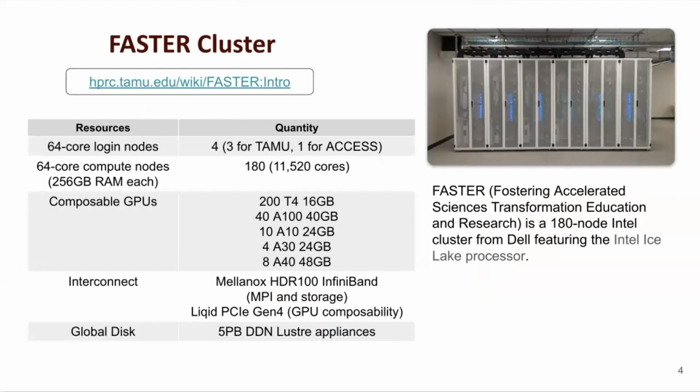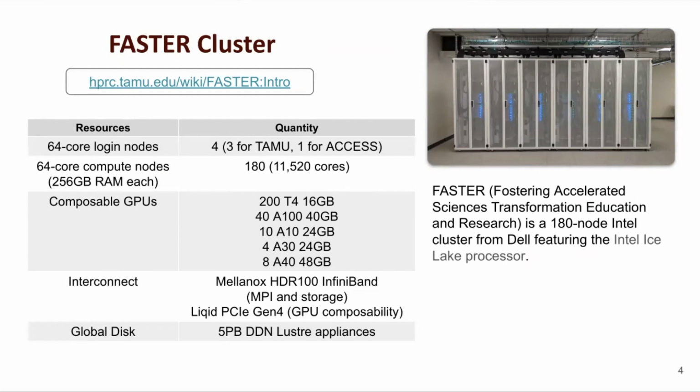First, FASTR is a project supported by NSF through the MRI research program. It's a different architecture, not like traditional HPC systems. On FASTR, it's a combination of different kinds of accelerators.